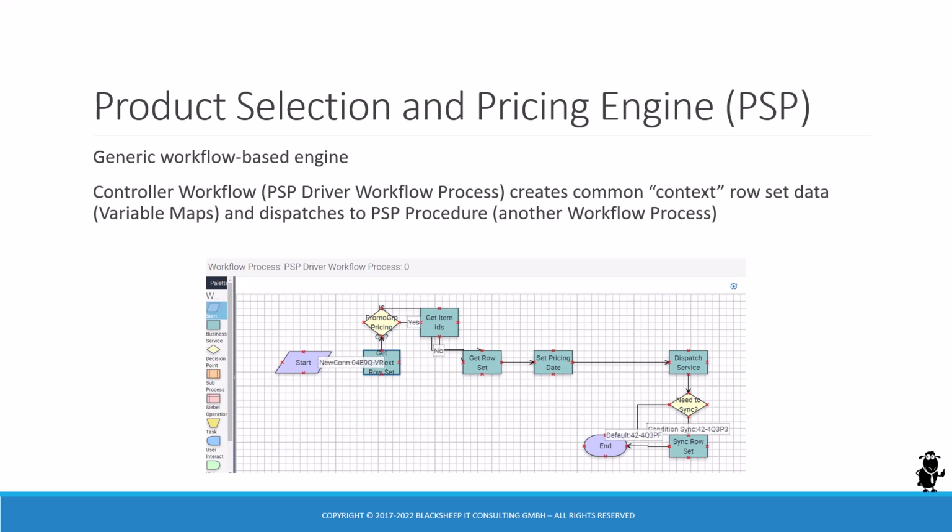And this is a workflow process called the PSP driver workflow process. So this workflow process creates the common context and Rosette data using those variable maps we have already mentioned, and dispatches the data that it has collected to another workflow process, the so-called PSP procedure.